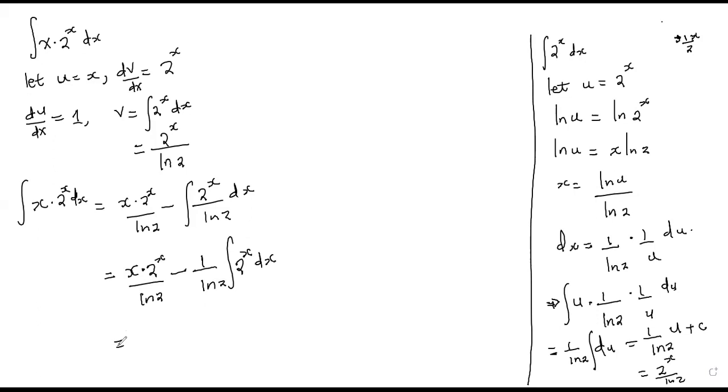So this is going to be equal to x 2 to the power x over ln 2, minus 1 over ln 2. Then still by integrating this, you're going to still get 2 power x over ln 2, plus a constant of integration.